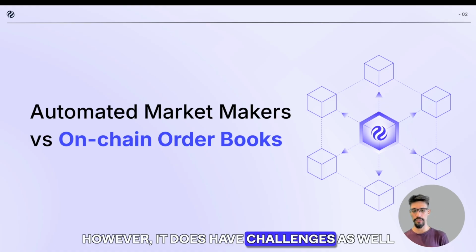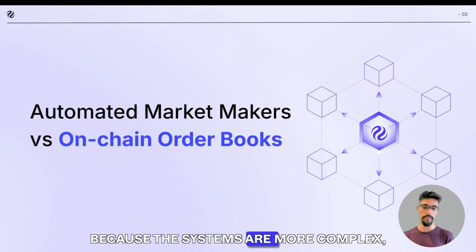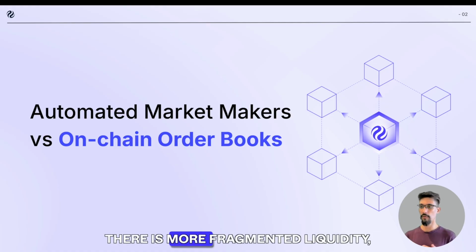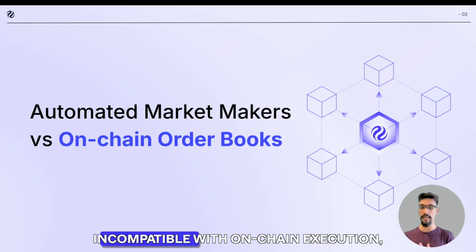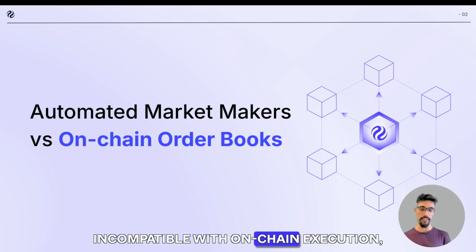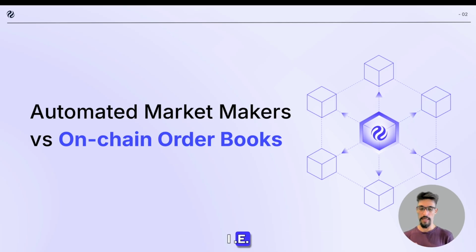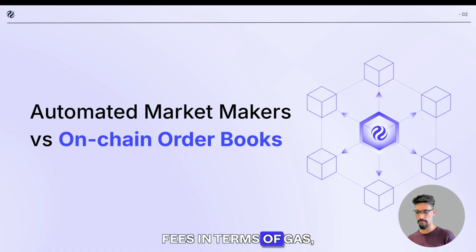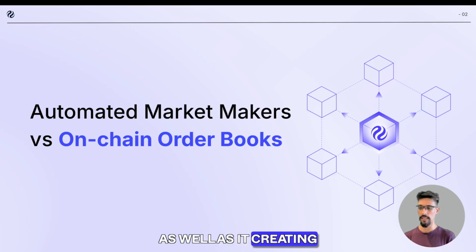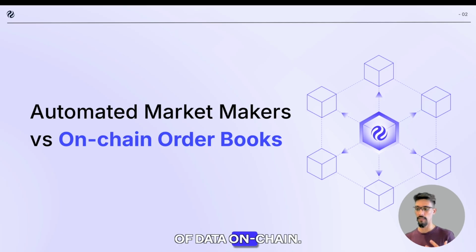However, it does have challenges as well because the systems are more complex, there is more fragmented liquidity, and they're also historically incompatible with on-chain execution, i.e. on blockchains, because blockchains have latency constraints. They have transaction fees in terms of gas, as well as it creating a lot of data on chain. In other words, the state that needs to be stored on chain is higher.